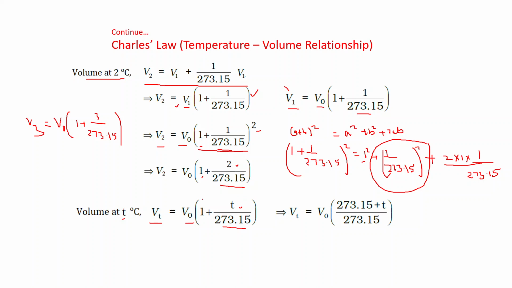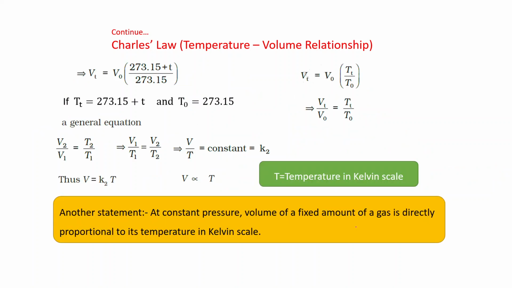Now again, if you solve this, 273.15 is the LCM, and we will get Vt is equal to V0 (273.15 plus t) in the numerator and 273.15 in the denominator.